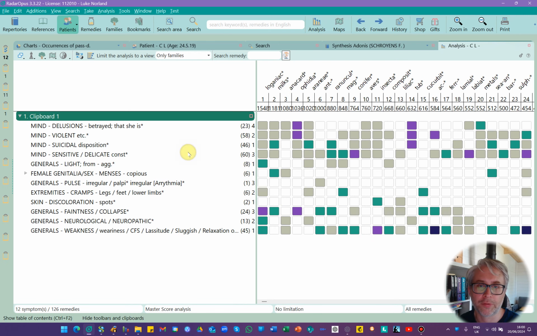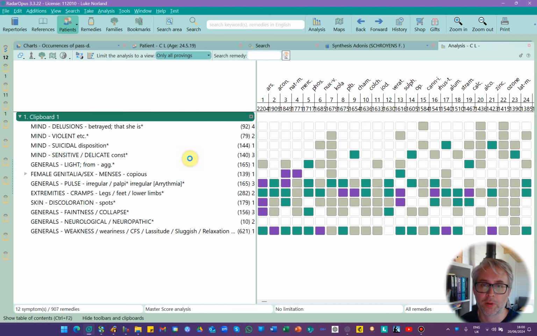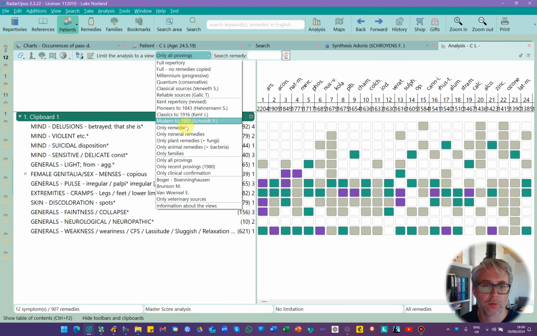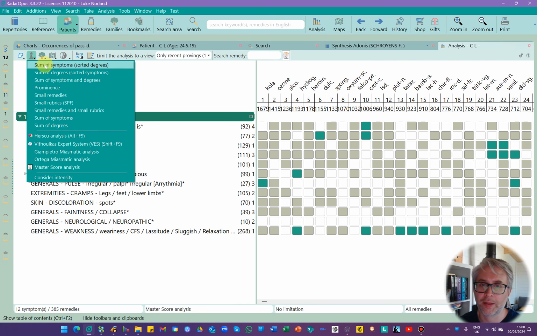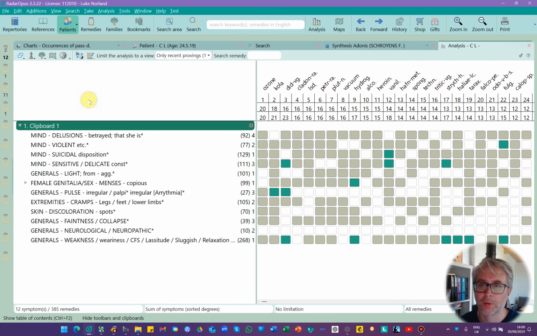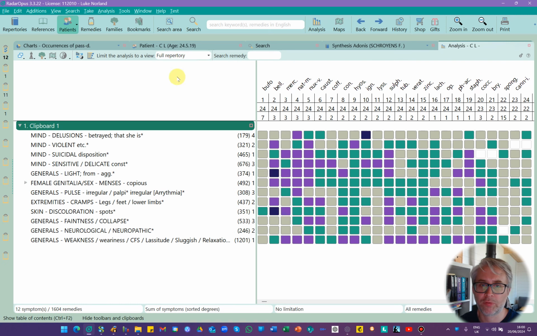We could also look at just the families. And we could change it so we're looking just at provings, or even only recent provings. And then if we switch back here to sum of symptoms, then we can get back to the standard repertorization.